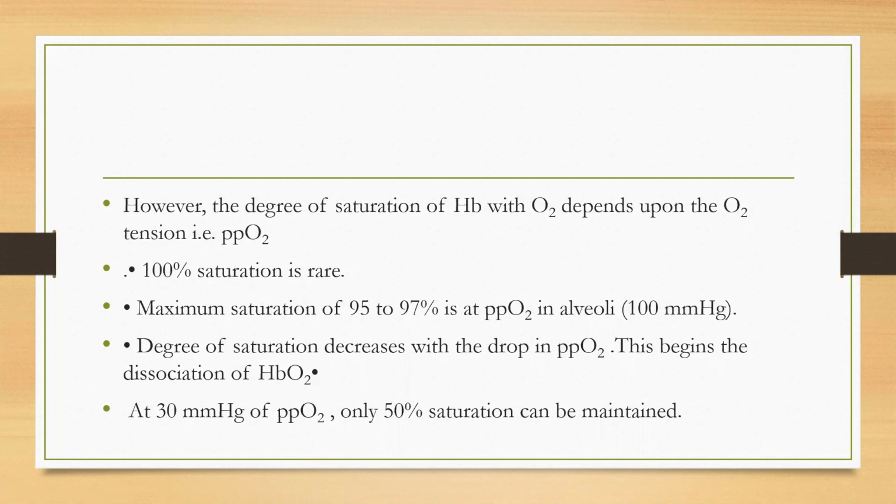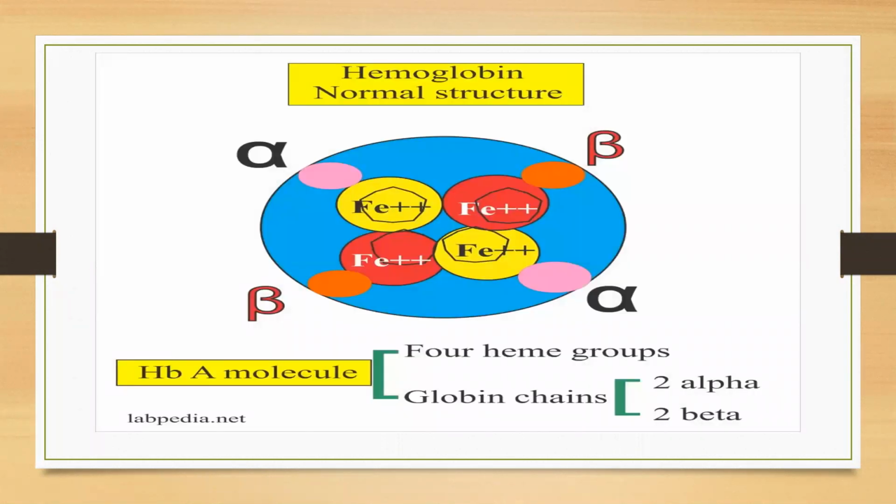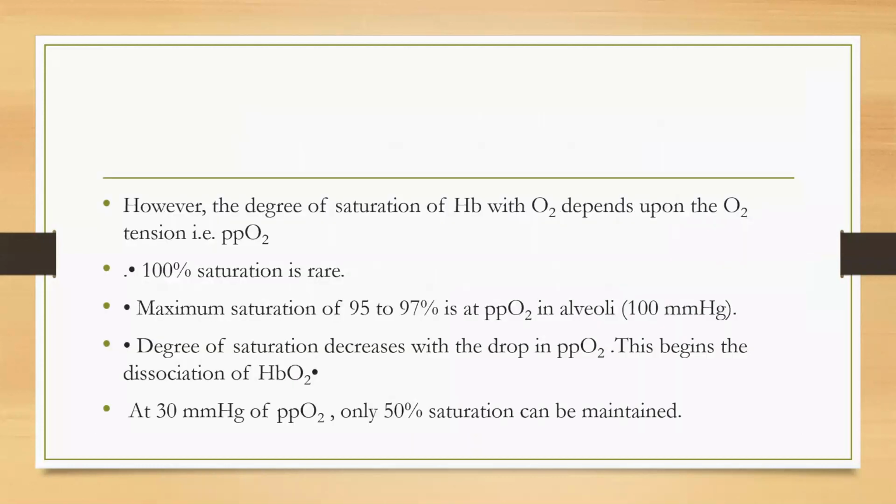When all 4 Fe ions combine with oxygen, it is 100%. When 3 Fe ions combine, it is about 95 to 97%. Now the degree of saturation decreases with the drop in partial pressure of oxygen.